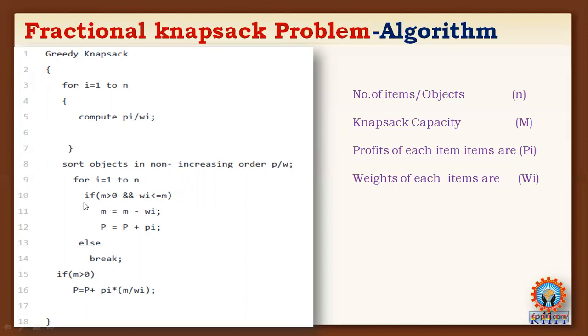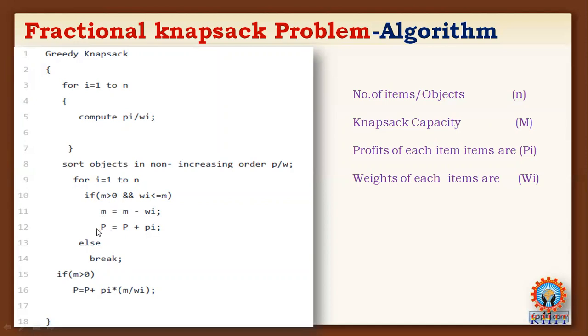Next, if the condition is satisfied, that is, the total weights are less than or equal to M and the capacity of the knapsack is a positive value, then you need to compute the changes occurring in the knapsack capacity and profit also. Why?